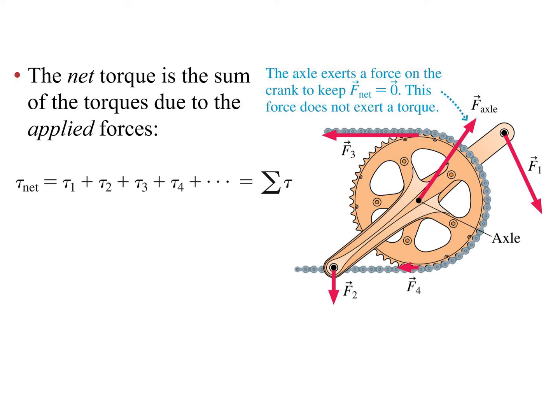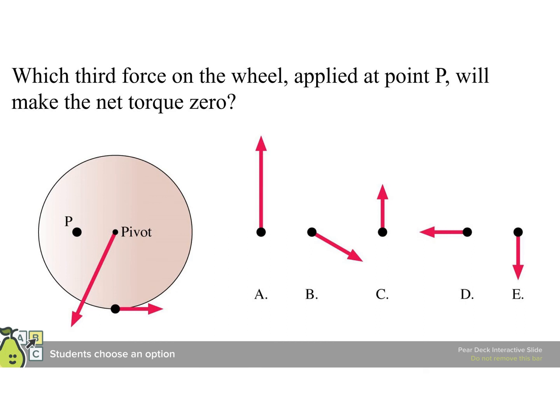cause a rotation. Which third force applied on the wheel at point P will make the net torque 0 when we pivot around this point, not around that point? And so let's look at what we get in terms of lines of action. So the lower guy will have that line of action and that moment arm.